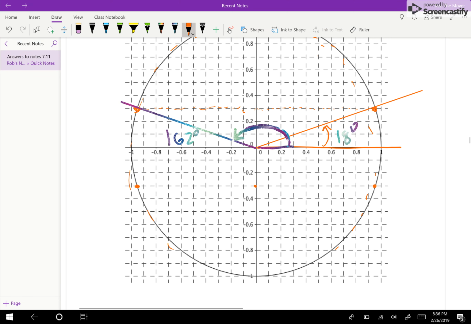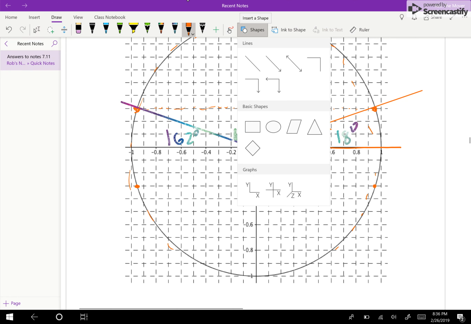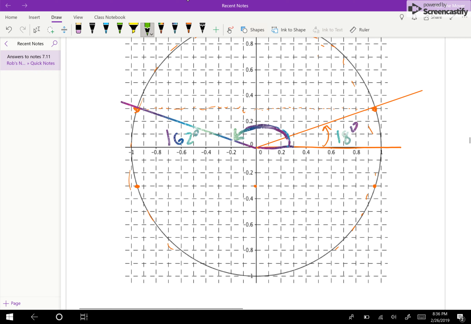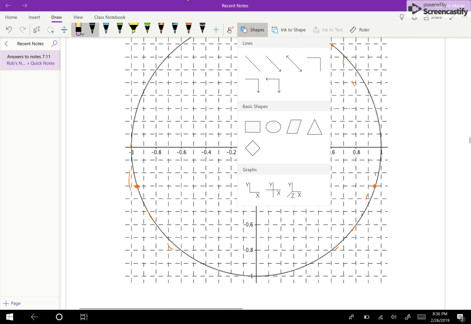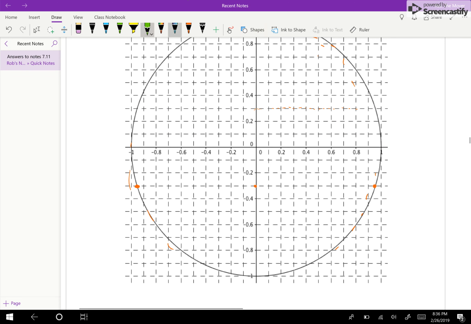Now we're going to draw our line. Let me do it in green. Actually, let me erase this other stuff. Okay, don't need it right now. We're going to make a line in green from our origin, right? We always start here.